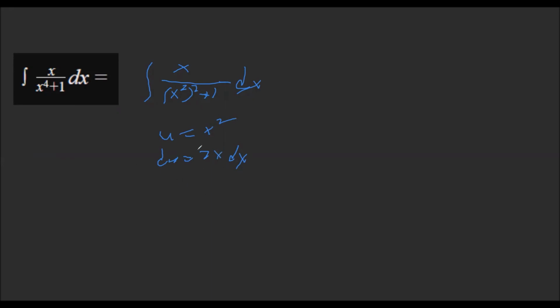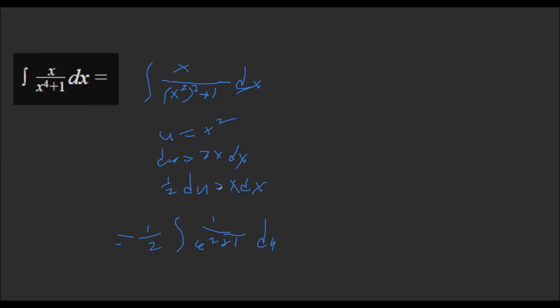So how can we make it such that x times dx is equal to some form of du? Well, we can just say that 1/2 du is equal to x dx. And so we can simply equate this to 1/2 the integral of 1 over u squared plus 1 du.